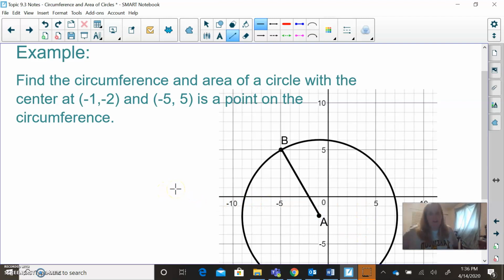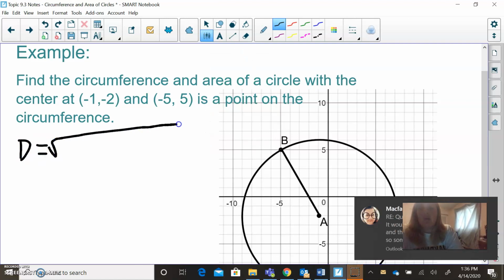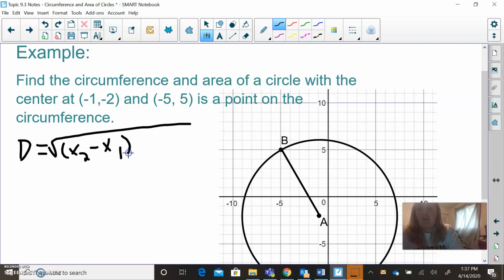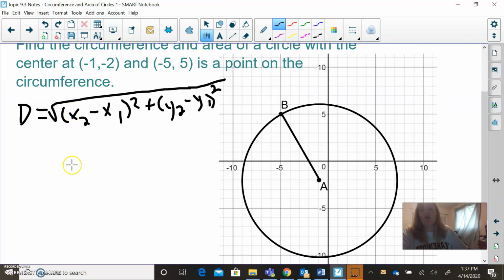Now, I know you guys are probably like, I'm so over the distance formula, but it's part of why we went over it, because we need to use it here. So distance is equal to the square root of x2 minus x1 squared, plus y2 minus y1 squared.